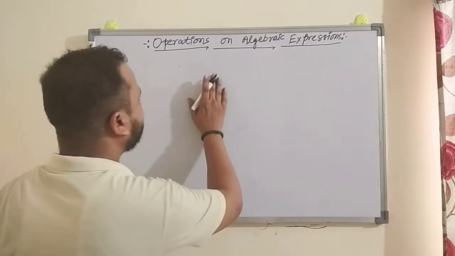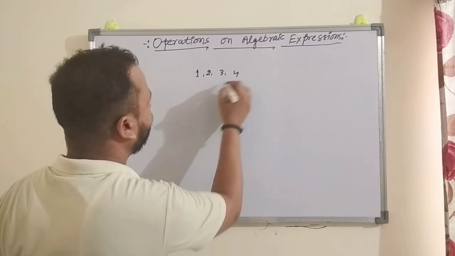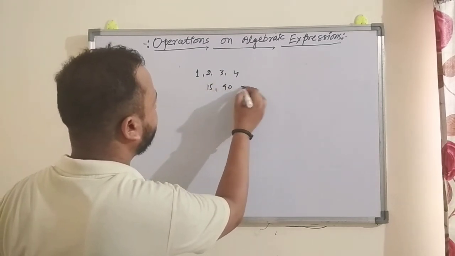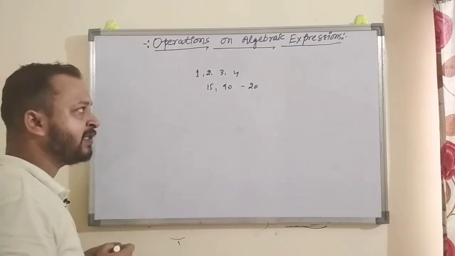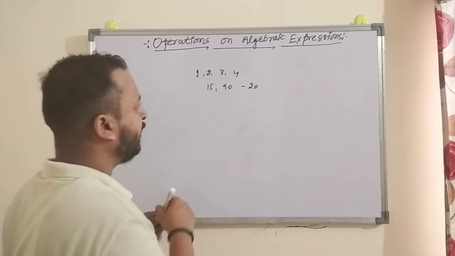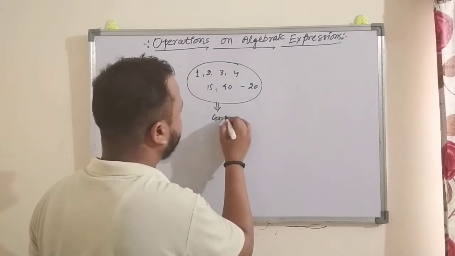We know that the numbers which are written as, suppose, 1, 2, 3, 4, 15, 90, minus 20, these types of numbers are known as constants.